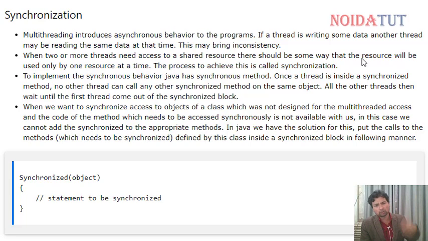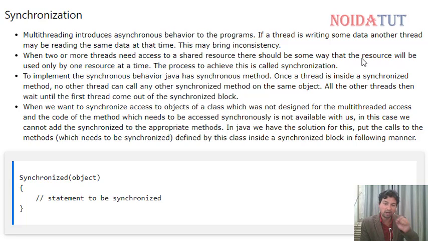When we want to synchronize access to objects of a class which was not designed for multi-threaded access, and the code of the method which needs to be accessed synchronously is not available with us, we cannot add synchronized to the appropriate method.